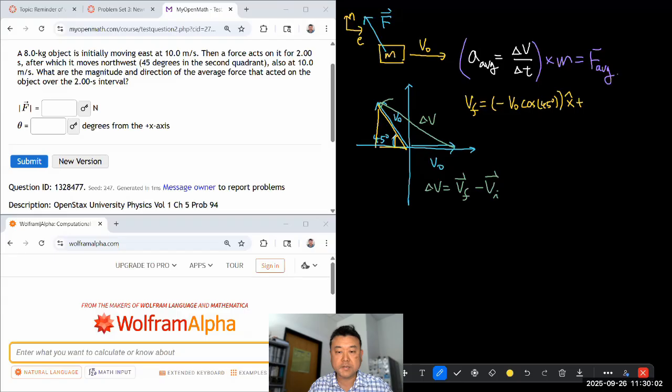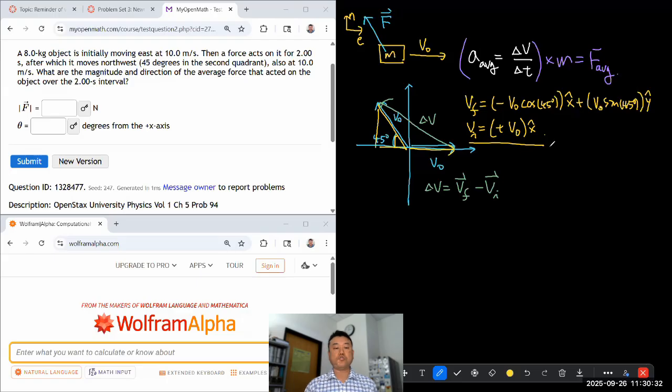This is the opposite side to the angle, and it's in the upward plus direction, so it should be v naught sine of 45 degrees in the y hat direction. Good, that's my final velocity. My initial velocity was simpler. It was just rightward, in the positive direction: plus v naught x hat, no cosine or sine.